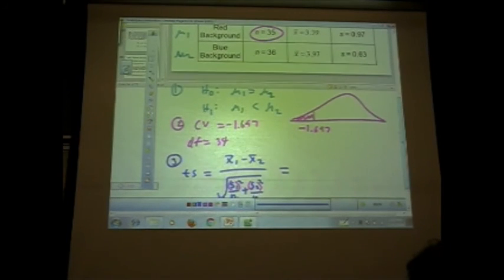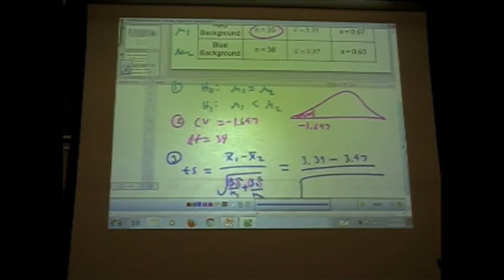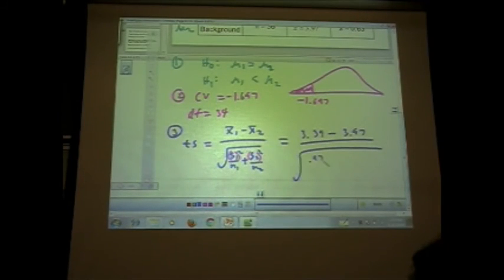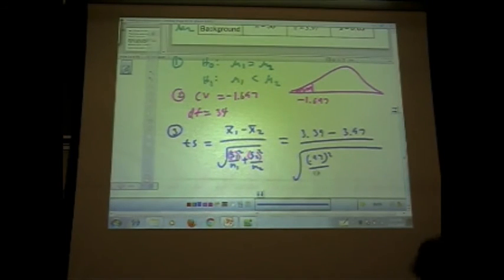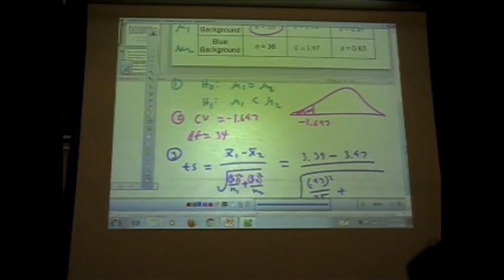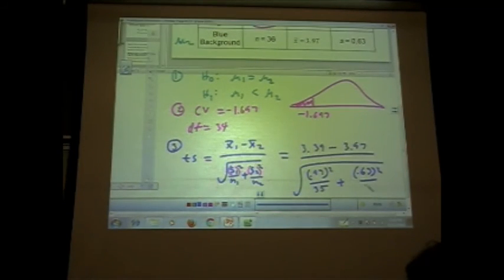What's my x bar 1? 3.39 minus 3.97 over the square root of 0.97 squared over, what was my n1, 35? What's my s2 squared, guys? What's my s2? 0.63. Square that over 36.